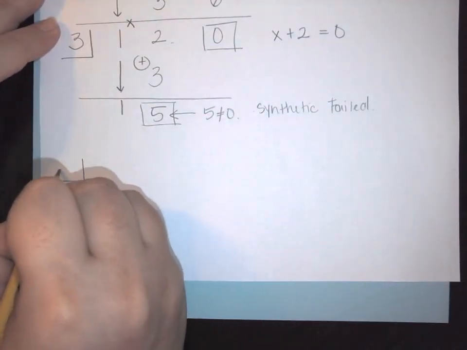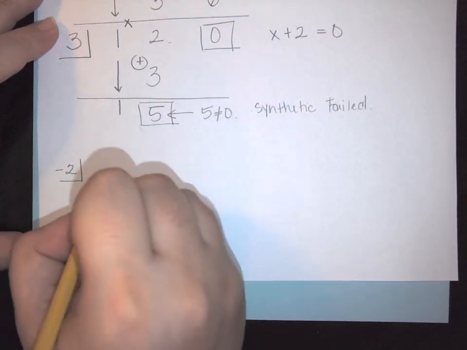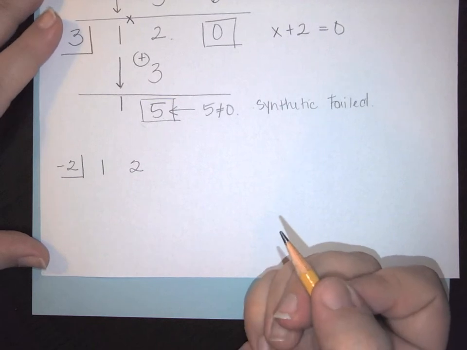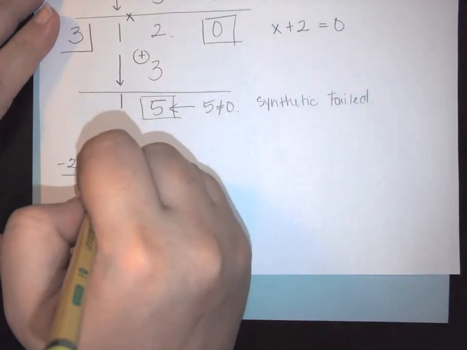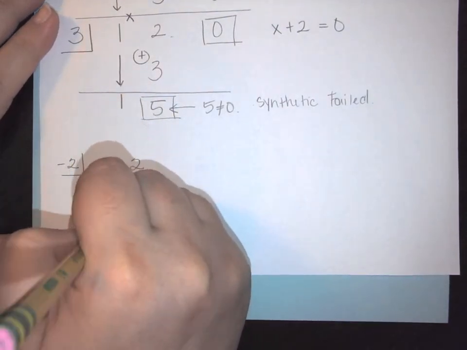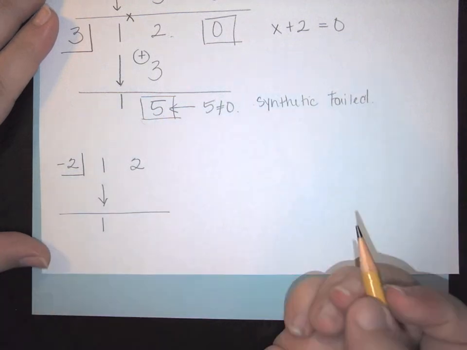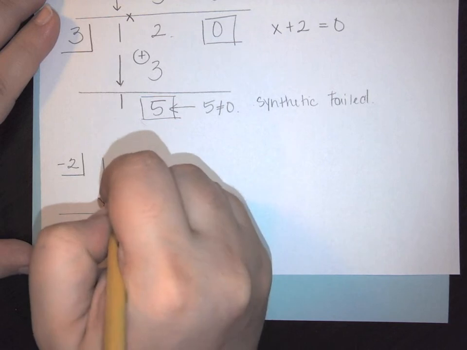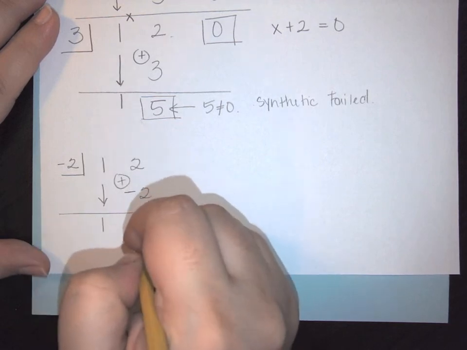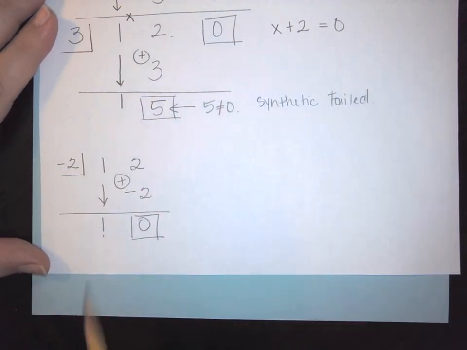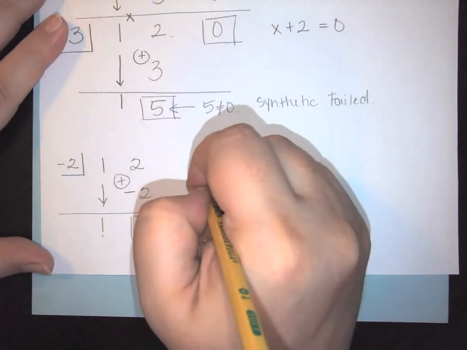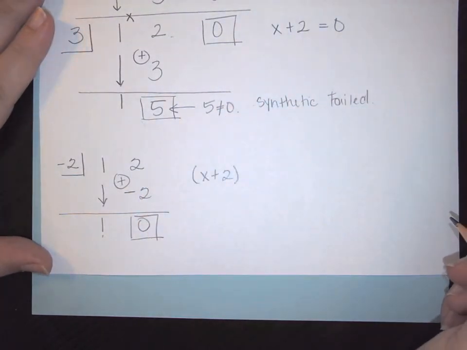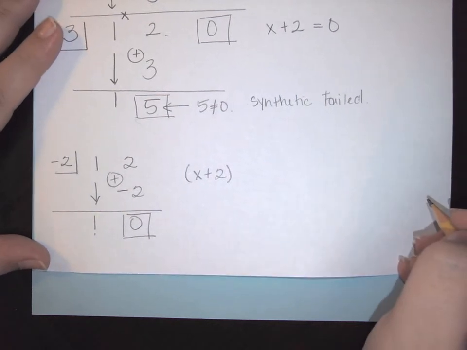If I were to test that negative 2 that I'm not sure about, and I had 1 and 2 as my pieces, bring down the first term and go ahead and run your test. 1 times negative 2 is a negative 2. Add these together, you get a 0. This is just a constant, which means now x plus 2 is going to be a factor. Okay? So that is the way that it works.